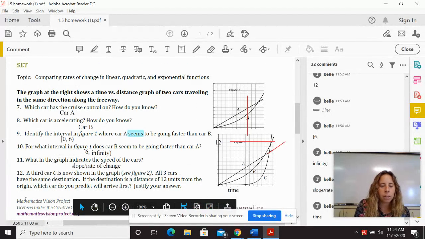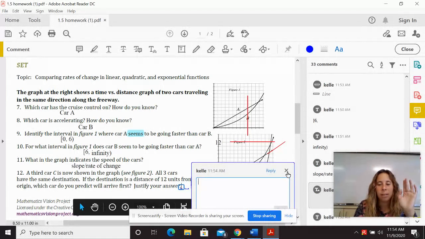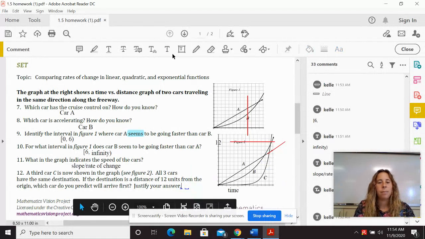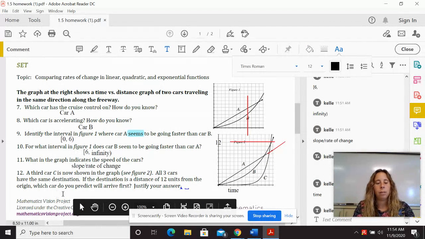And then justify your answer. Oh, what do you mean predict? We can tell. All right, so C arrives first. Reset. C. Okay.